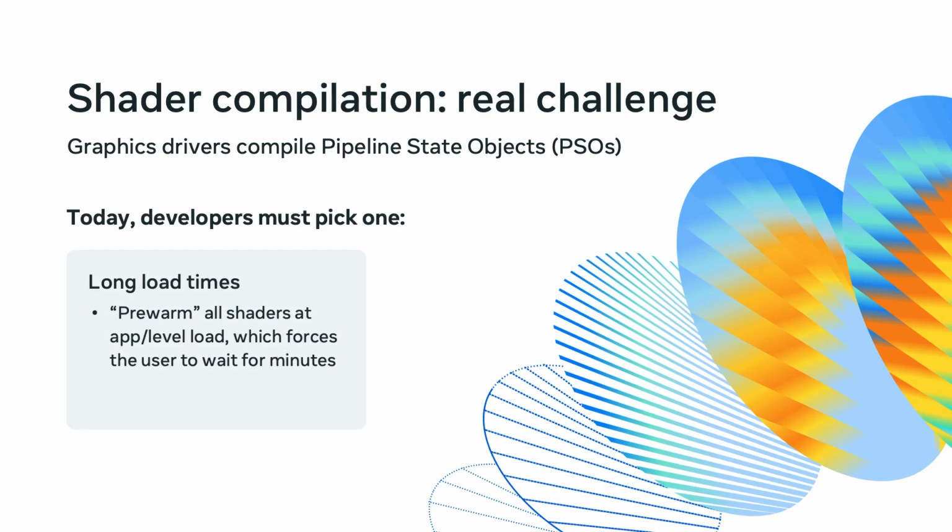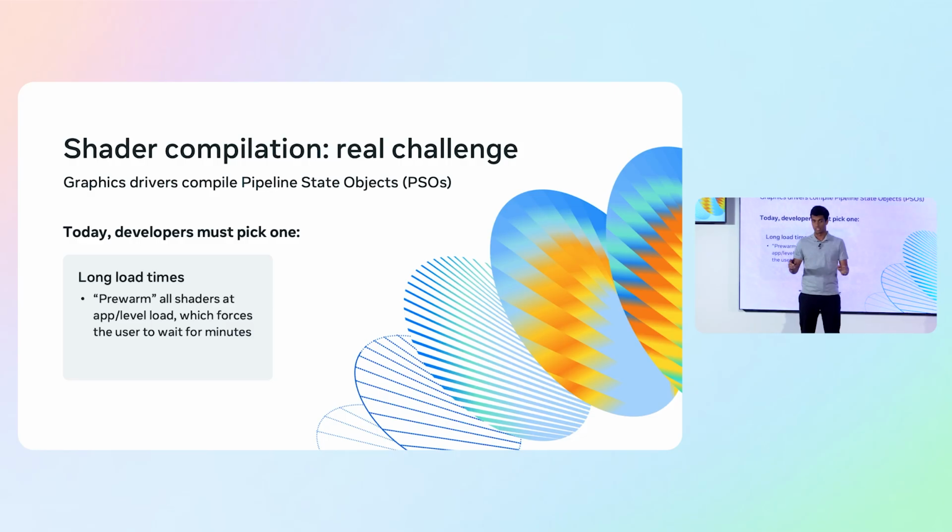The first option that developers pick is long loading times. It's exactly what was just said, the performing one-time optimization step. This is still a pretty good thing, and game engines like Unreal and even Unity 6 have shipped graphics state collection APIs to allow developers to do this. The reason game engines do this is that once you've done this long initial loading step, you are pretty much warmed.